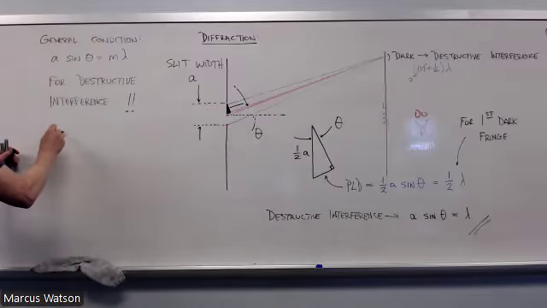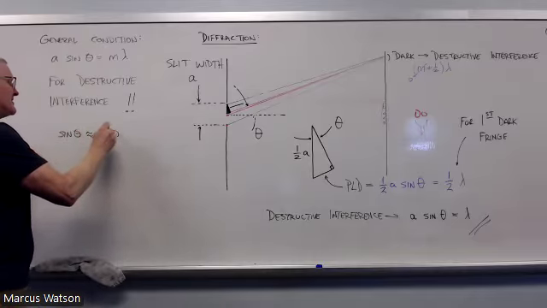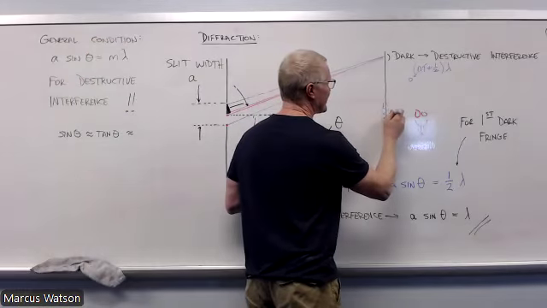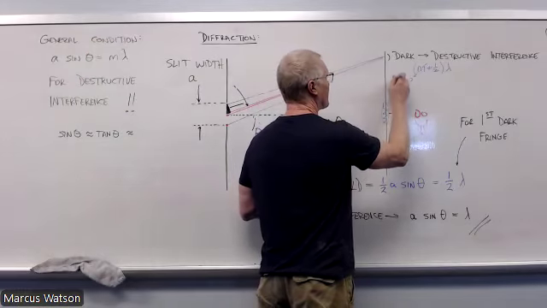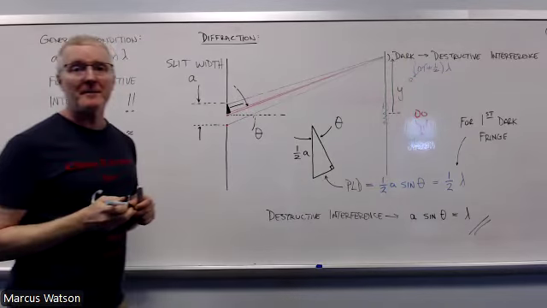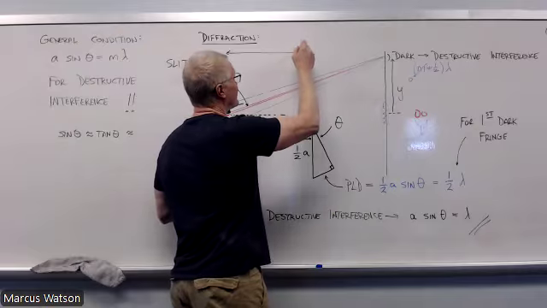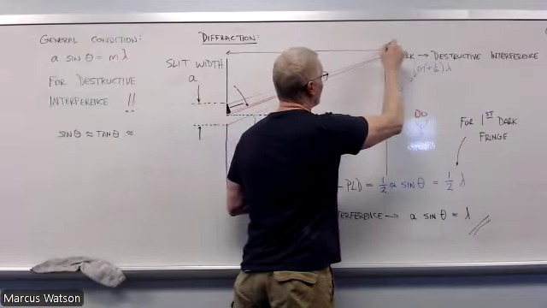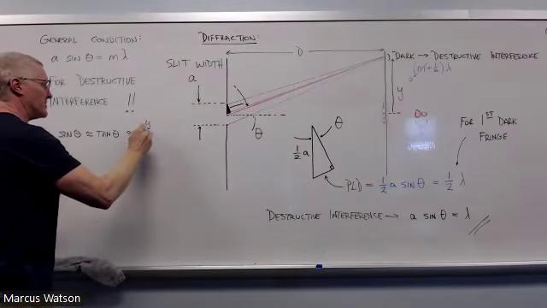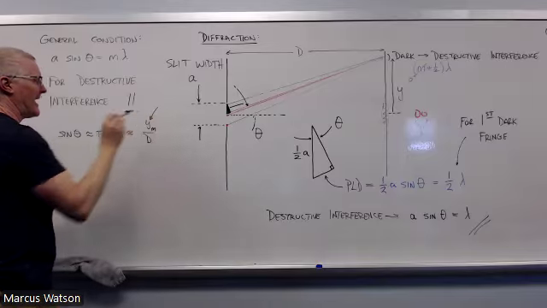All right, so the sine is approximately equal to the tangent, and the tangent, if you remember from the double slit, relates to the distance, which we called y, from the middle of the central maximum, and the distance to the screen was what I called capital D. So this is going to be approximately y over D, where the y depends on m.